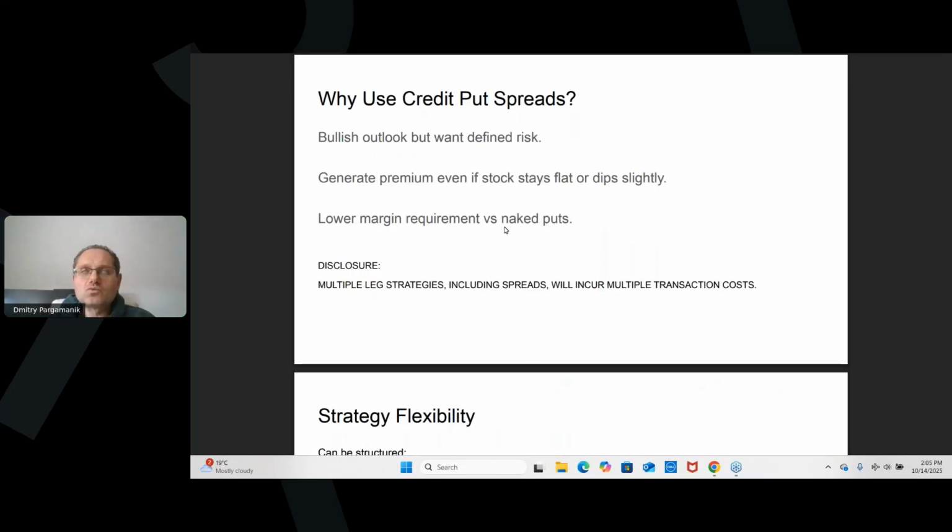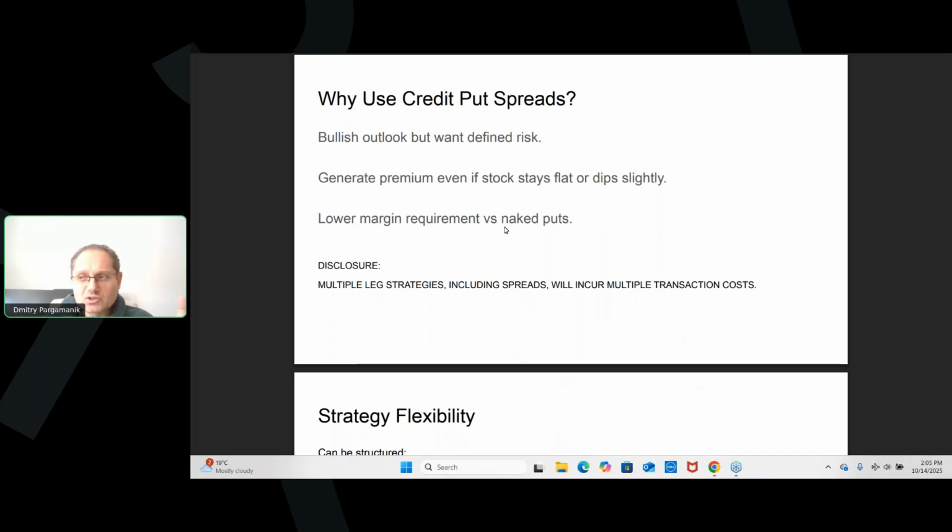Now, why would you use credit put spreads as a trader? Again, you would have to have a bullish outlook, but you want to have some predefined risk when you're using an option strategy. People use it sometimes because they're looking to generate premium or option income, especially if your outlook is that the stock is bullish or maybe stays flat.